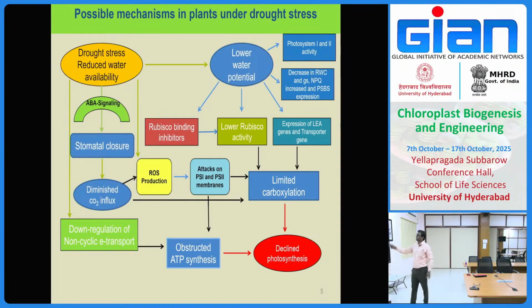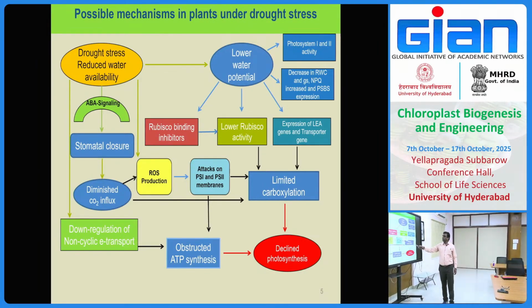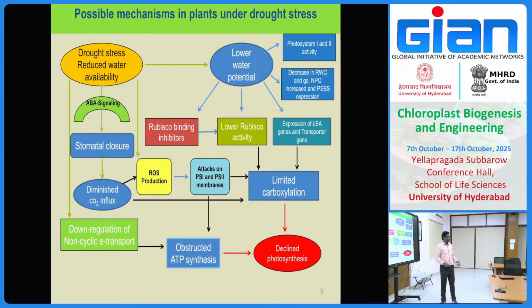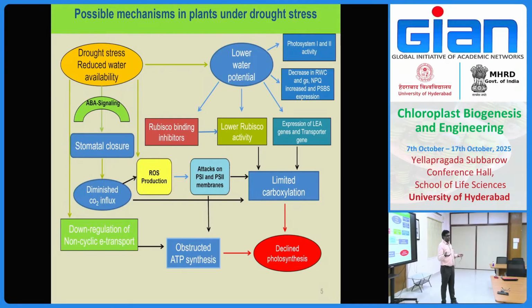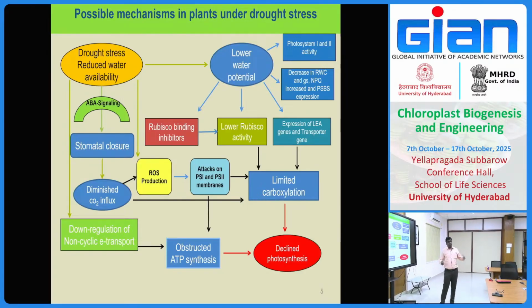You can see here water, and the signaling hormone ABA will be increased, along with stomatal closure. The stomata close in order to protect against transpiration, so as not to evaporate water.